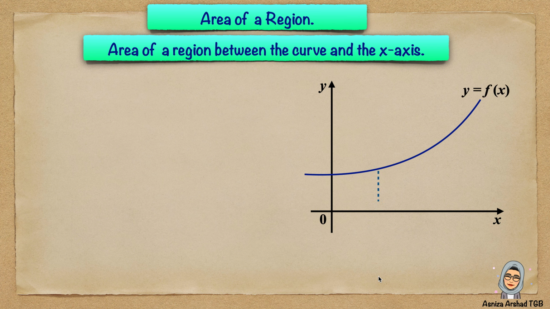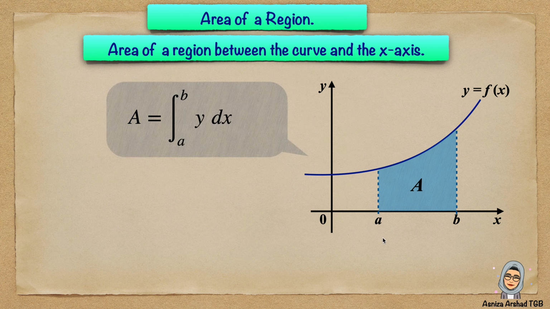Now let's say we have a curve of y equal to f(x), and we are going to find the area of the shaded region between x equal to a and x equal to b, and the region is between the curve and the x-axis.